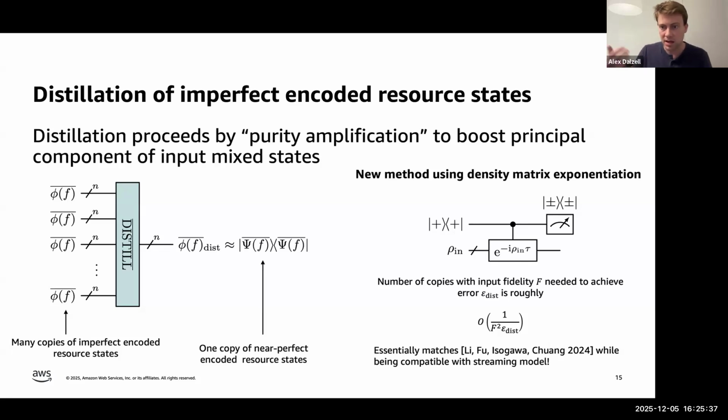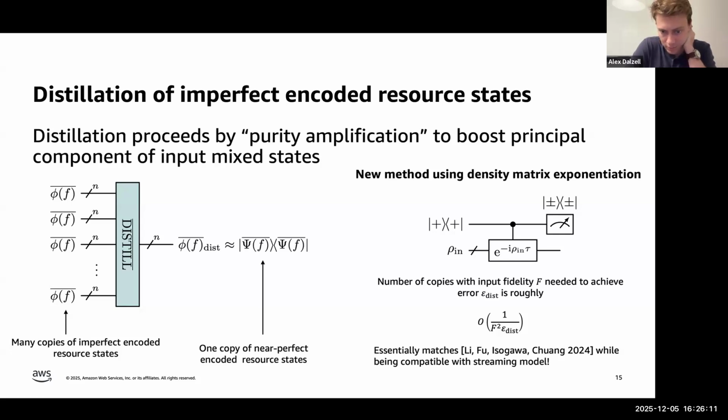The main idea, in just a few words, is that given an unknown state rho in, you want to prepare its largest eigenvector. So it would be nice if you could just do phase estimation on this input state using the basis of the state itself. This circuit shown here is Kitaev's version of phase estimation, where if we could just use rho in as the Hamiltonian that we're trying to phase estimate, then we'd be able to extract with high fidelity this highest eigenstate, at least with some probability.